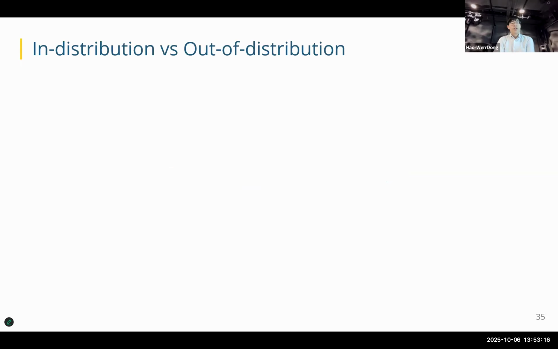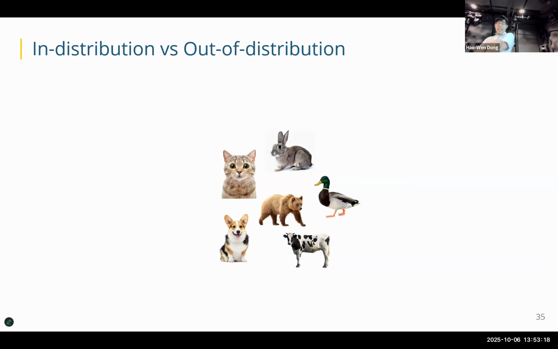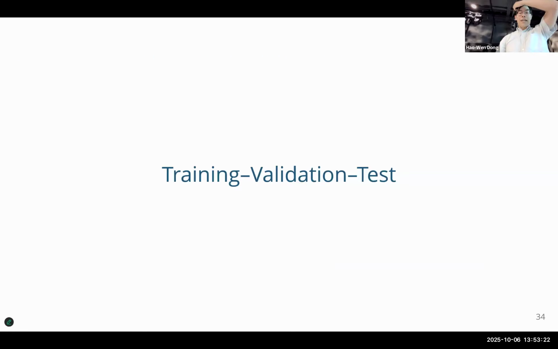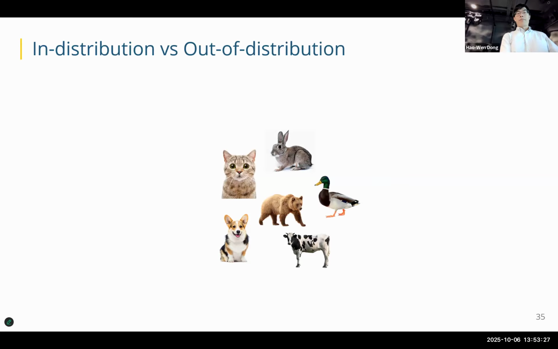And oftentimes, when people start working on machine learning, this is one of the biggest pitfalls that people don't really get, and there could be a lot of generalization issues that can cause lots of troubles. So I guess the key idea of understanding what this training validation test setup is going on is to think about what's in distribution and what's out of distribution.